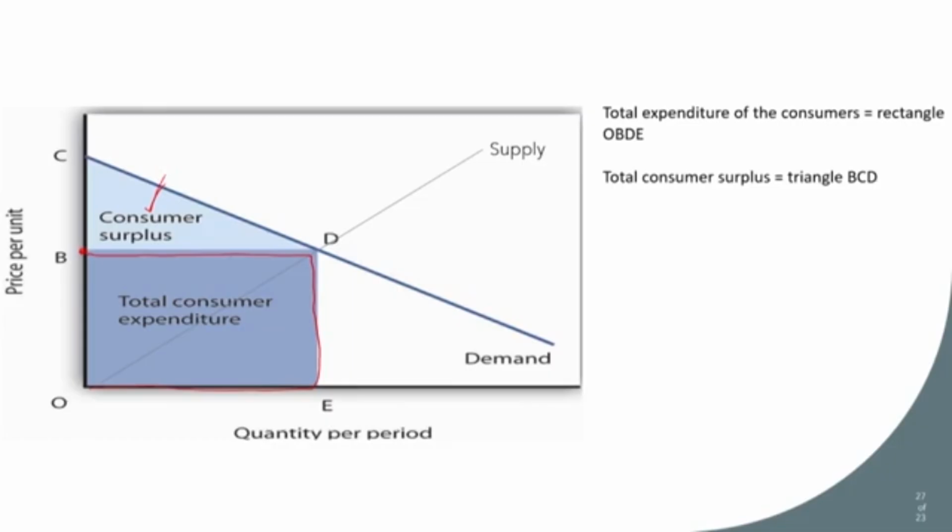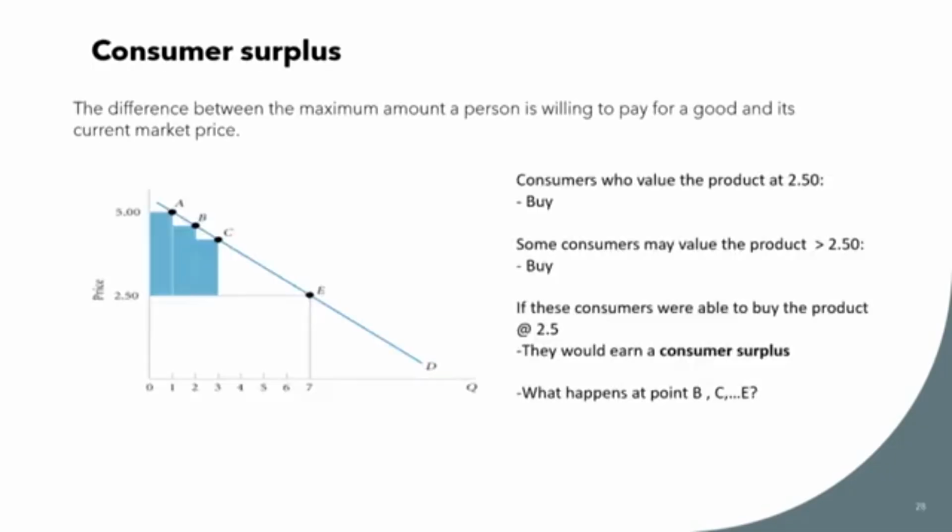To get the idea, let me take you to another diagram. I'm showing only the demand curve here. Just look at some discrete points. For example, when the price is 5, the market quantity demanded is 1 unit. You can multiply it by a billion or trillion if you want. When the price is 4.5, at another point B, they are willing to buy 2 units. When the price drops further to C, they are willing to buy 3 units.